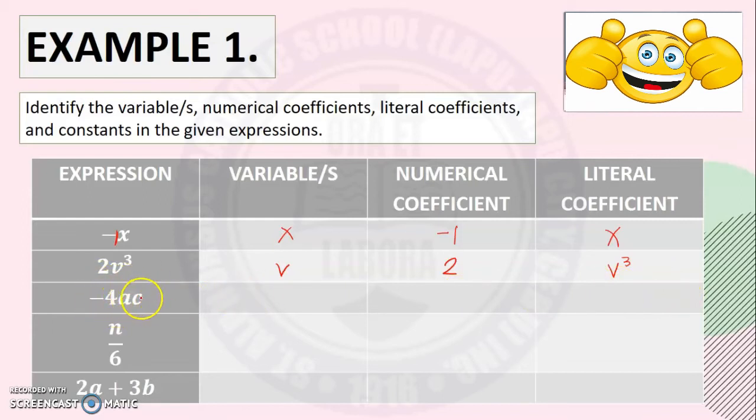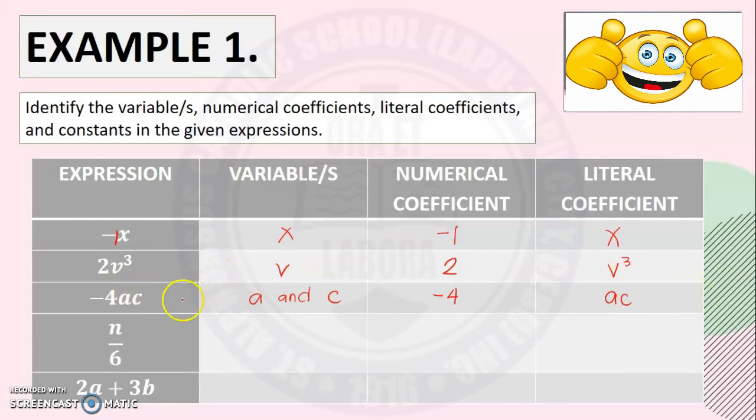Negative 4ac. The variables used are a and c. We have two variables. Numerical coefficient is negative 4. The literal coefficient is ac.